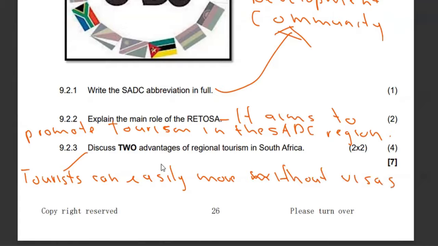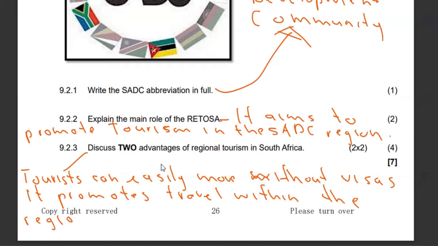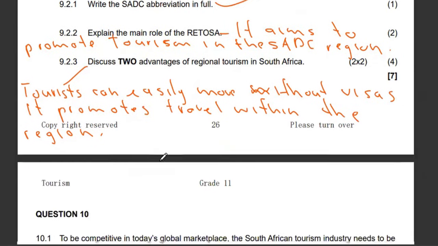So that is one advantage. So it promotes travel within the region. So that is the main role. That is the advantages of regional tourism.